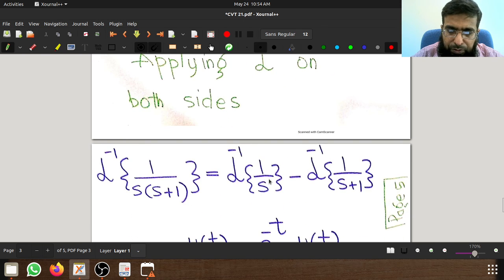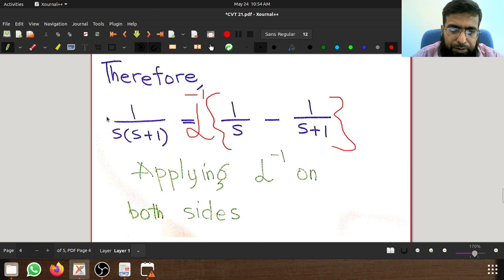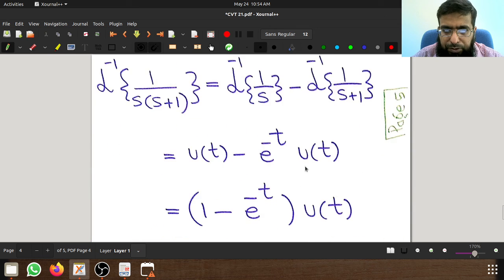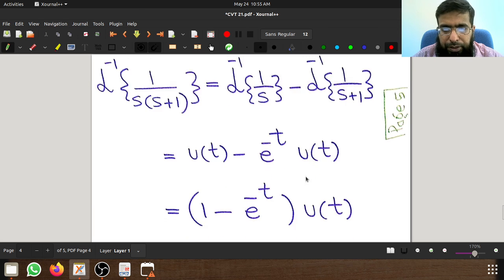The inverse Laplace transform of 1 over s minus 1 over s plus 1 is the Laplace inverse of 1 over s minus the Laplace inverse of 1 over s plus 1. We know the Laplace inverse of 1 over s is u of t, or 1 times u of t, and the Laplace inverse of 1 over s plus 1 is e to the minus t.